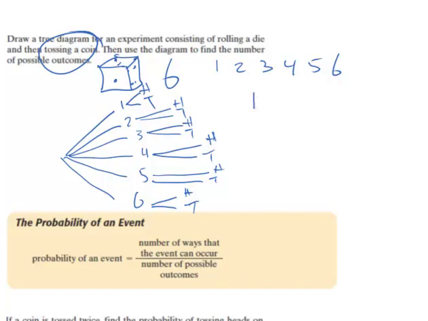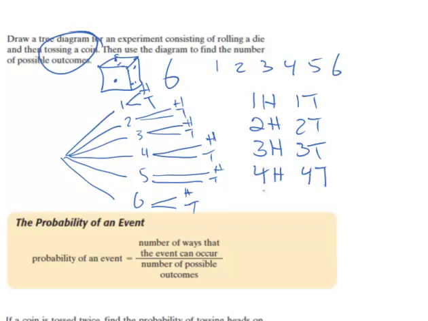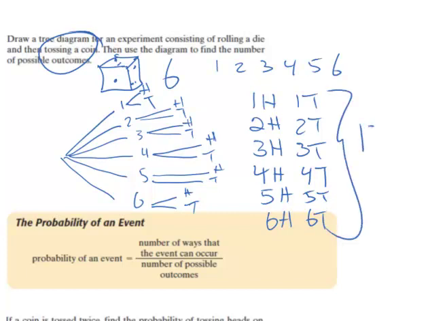So we can get a 1 and a heads, or 1 and a tails, 2 and a heads, 2 and a tails, 3 and a heads, 3 and a tails, 4 and a heads, 4 and a tails, 5 and a heads, 5 and a tails, or 6 and a heads and 6 and a tails. We have a total of 12 possibilities there.